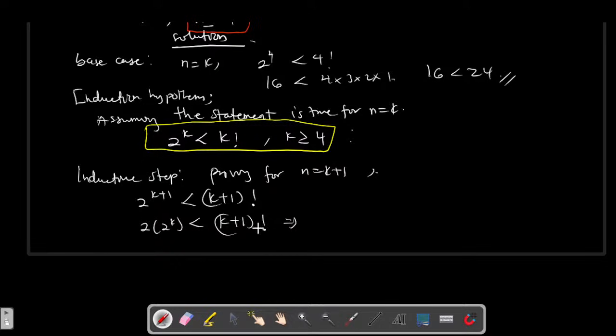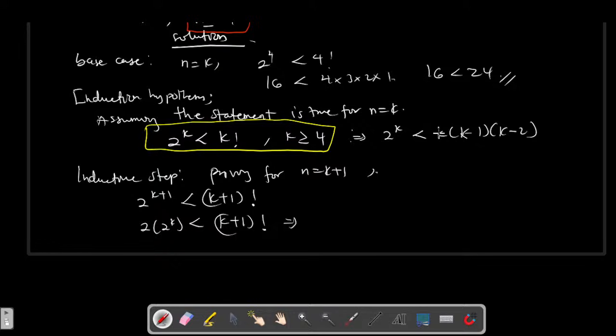We can prove it only by simplification. Let's go to our hypothesis. You realize it says that 2 to the power k is less than what? When you have k factorial, we can say k multiplying k minus 1 multiplying k minus 2, and it will go like that.